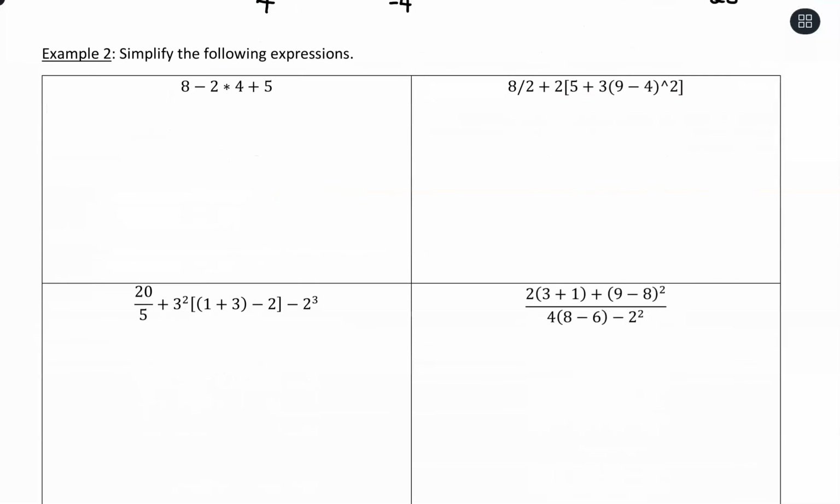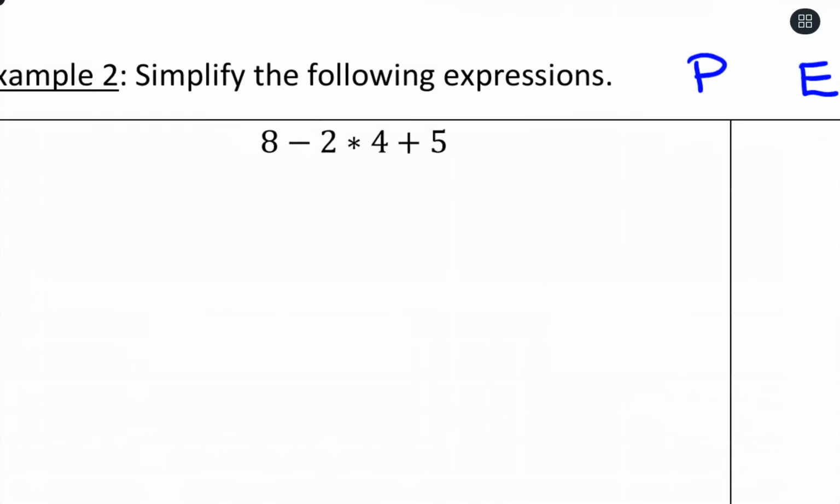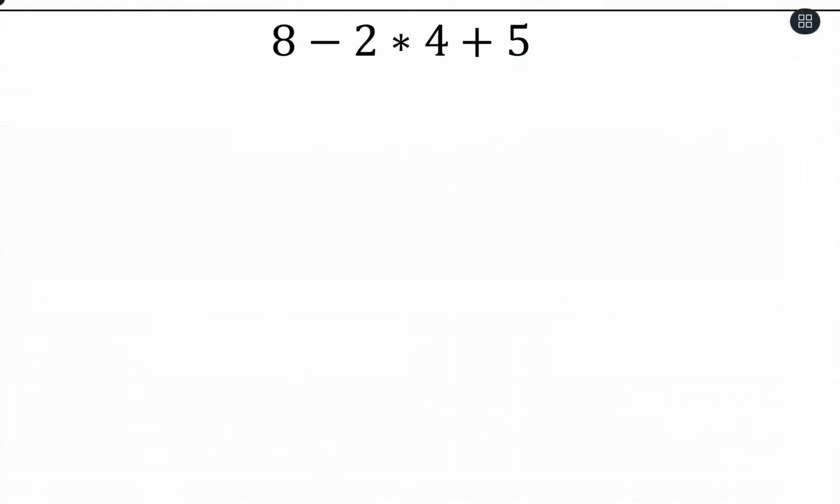Okay, let's go on down here to our order of operations. So we're going to take care of parentheses, exponent, multiplication and division, addition, subtraction at the end. So this first one here, no parentheses, so we don't need to worry about that. No exponents, so we don't need to worry about that.